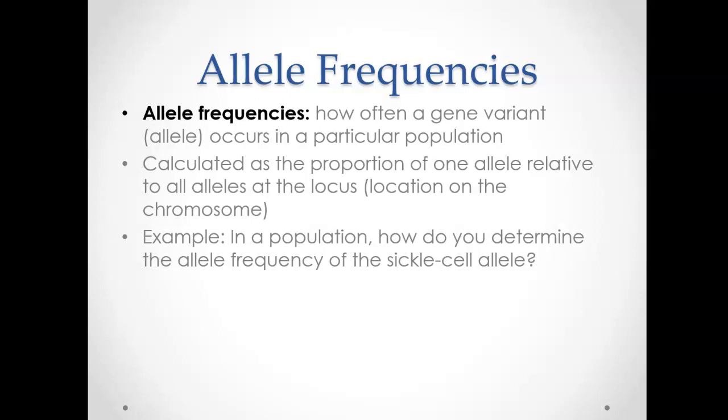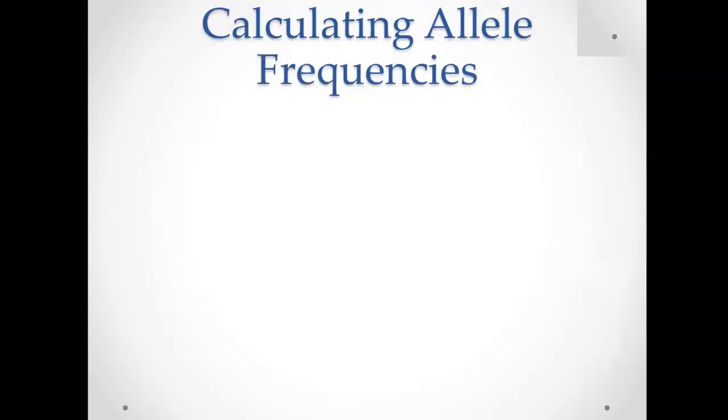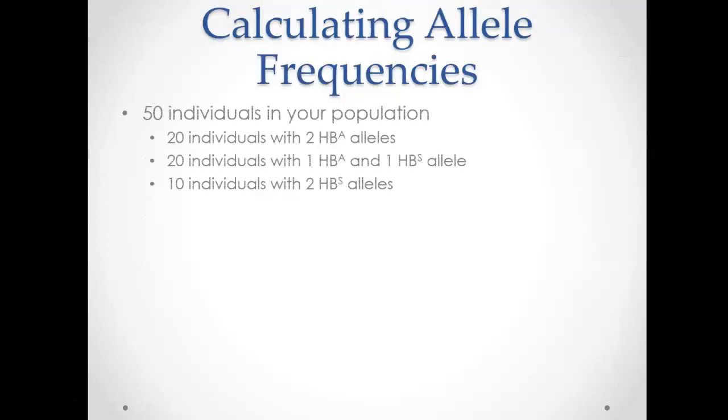Well, we know that by calculating allele frequencies. So this is where this comes into play. If we want to figure out how often the sickle cell allele occurs in a population, and how likely it is that two individuals could come together and pass along sickle cell disease, this is the information that we would use. So again, it's very, very simple to do, and it requires just some very basic math.